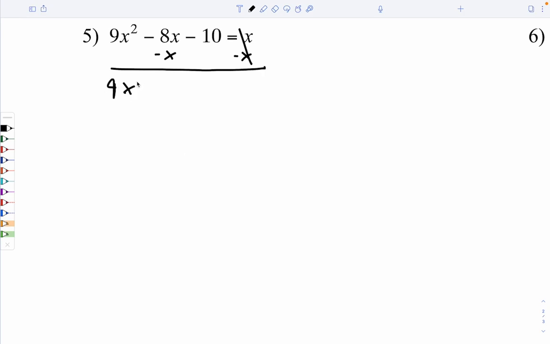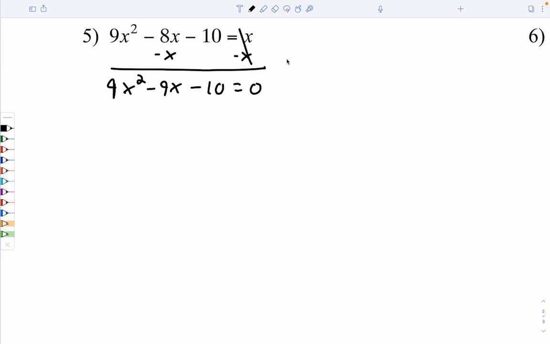So now we have 9x squared, and then negative 8x and a negative x can be combined. So negative 8x and a negative 1x would make negative 9x, and then minus 10 is equal to 0. So it's equal to 0.